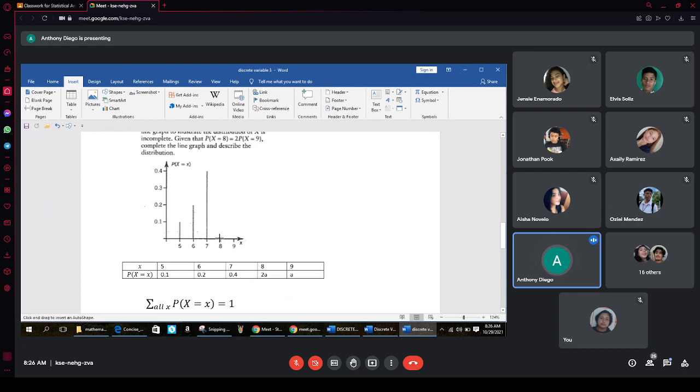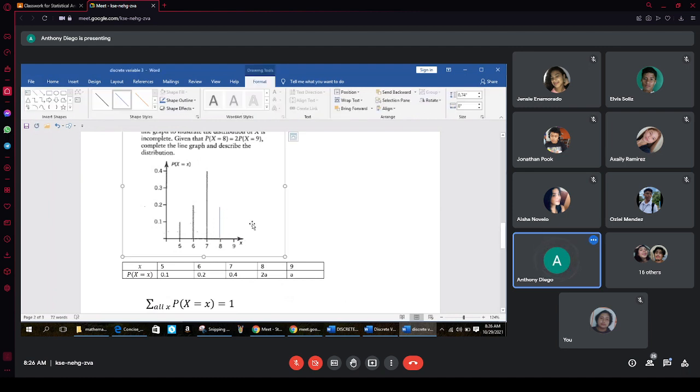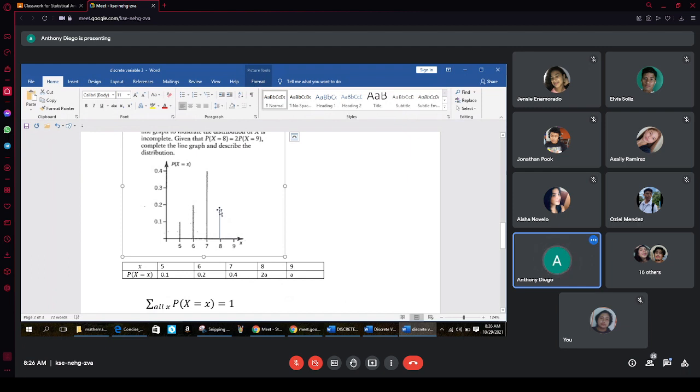I can complete the line graph. This is to 0.2. So this would be like a symmetrical graph. We need to go up a bit.